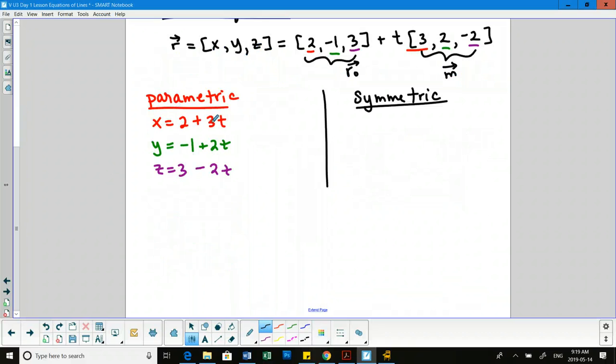Okay, so I'm just moving these things over. So the first one will be x minus 2 divided by 3. The second one will be y plus 1 over 2. I'm just imagining that I'm isolating for t in each of these. And z minus 3 over -2. And they all equal each other because they all equal t.